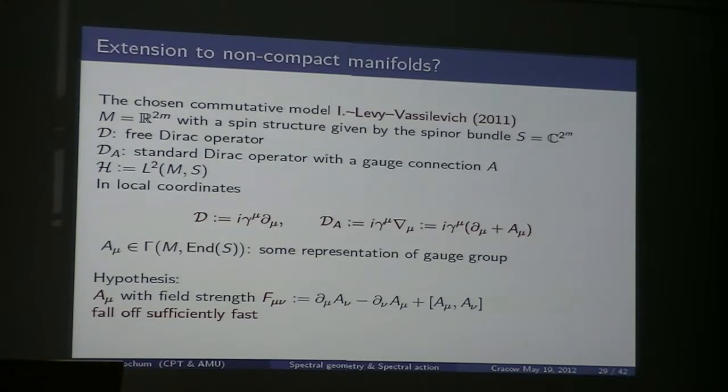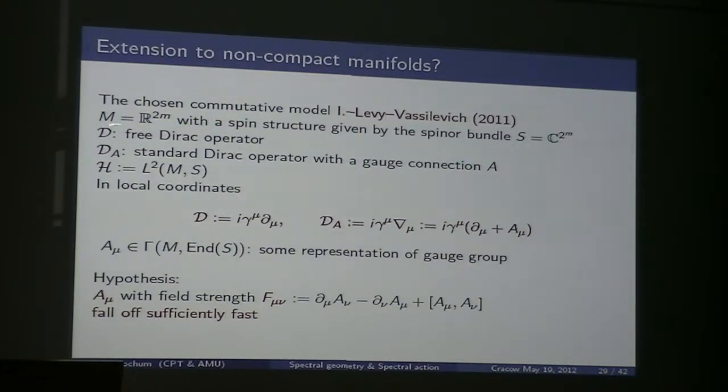So now I would like to treat an example, and this example is precisely where your manifold is not compact. I would like to treat an example of a Yang-Mills field, quite easy, quite elementary. It's a joint work with Cyril Levy and Dmitry Vassilevich, who is in São Paulo in Brazil, and we chose this commutative model.